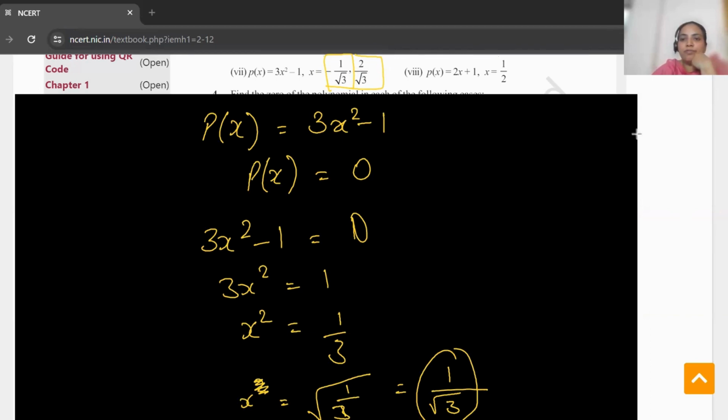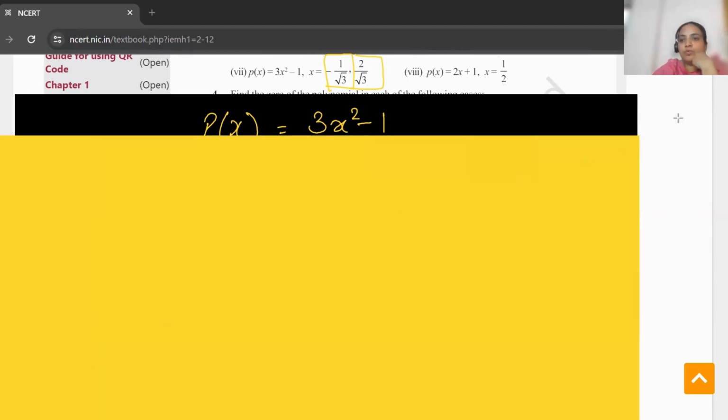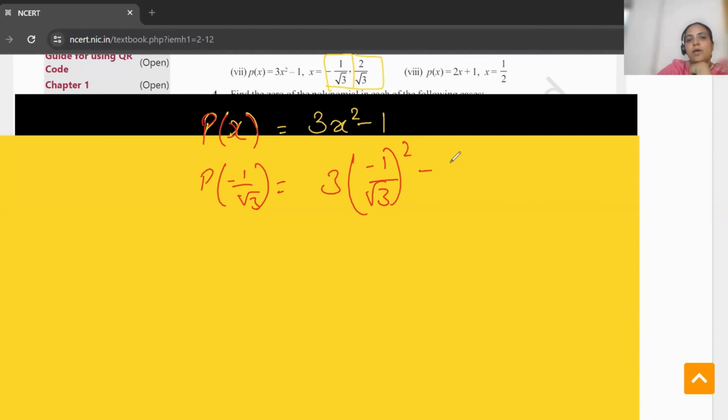Whichever way suits you more, you can follow that. So now I am putting p of minus 1 by root 3. So 3 times minus 1 by root 3 square minus 1. So that is 3 into, minus square becomes positive, 1 square becomes 1, and root 3 square becomes 3.